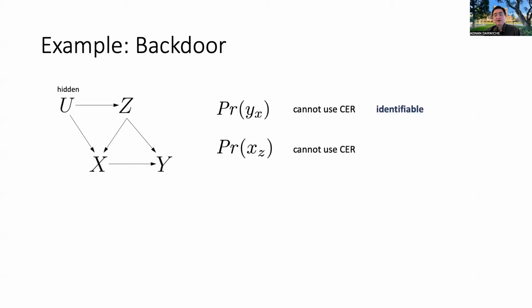Let's take the first one. I need to find a backdoor. I'm talking about X and Y, so I need paths between them that point into X, and I want to make sure that they're blocked by something, in this case something observed. How many paths between X and Y do we need to check? Can people type a number there?